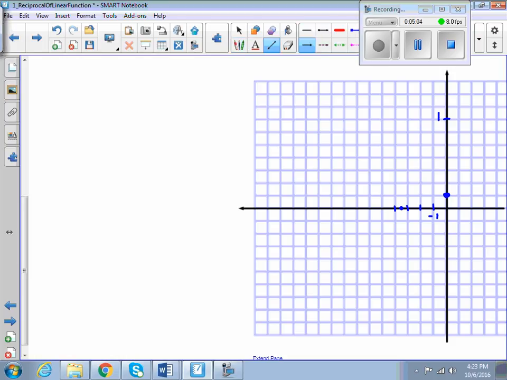So let's now draw my vertical asymptote. This is my vertical asymptote here, and we always use a dashed line for a vertical asymptote. I have my y-intercept. There was no x-intercept, and I know that my horizontal asymptote is at the x-axis, so I'm not going to put a dotted line on top of my axis.